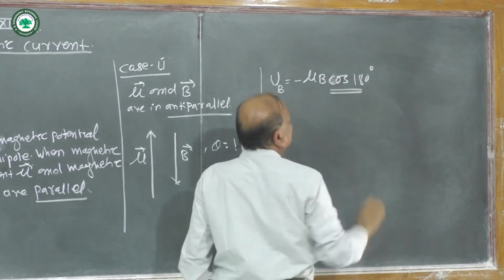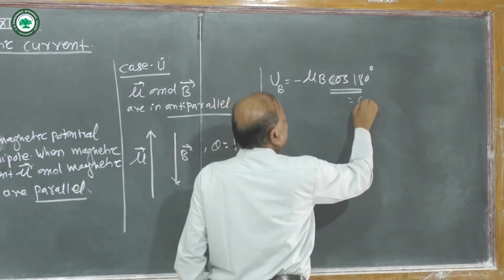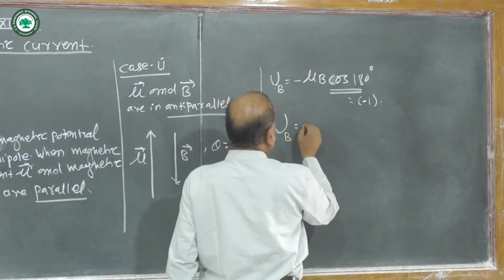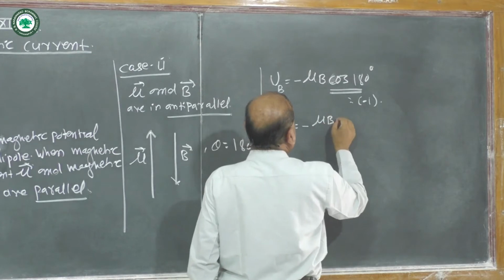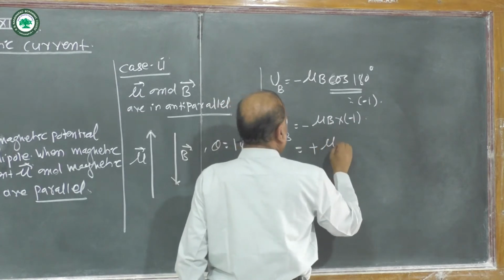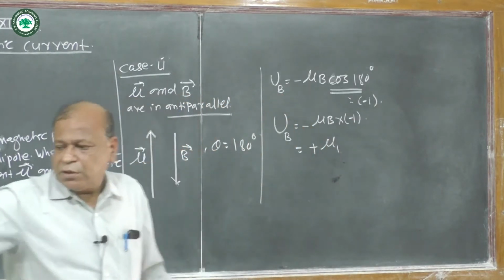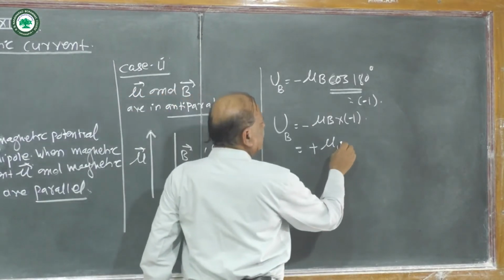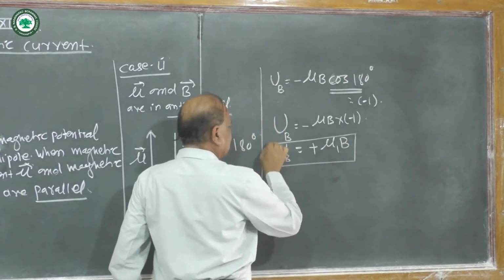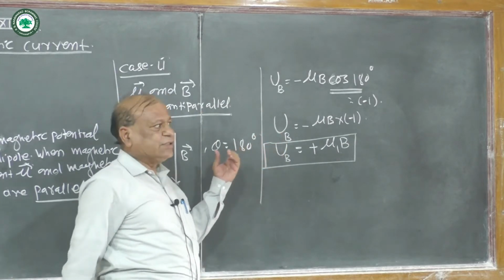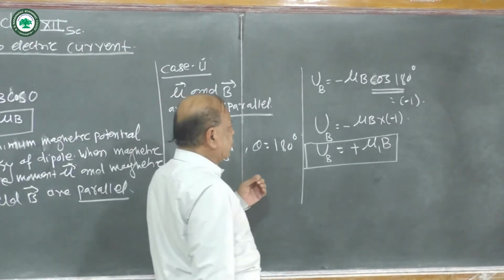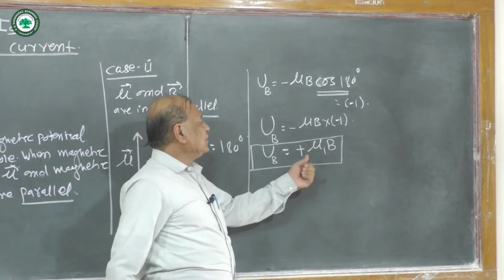Now cos 180 degree is equal to minus 1, and therefore the magnetic potential energy is minus mu B into minus 1, which gives plus mu B. This is the magnetic potential energy of the dipole, given by plus mu B.